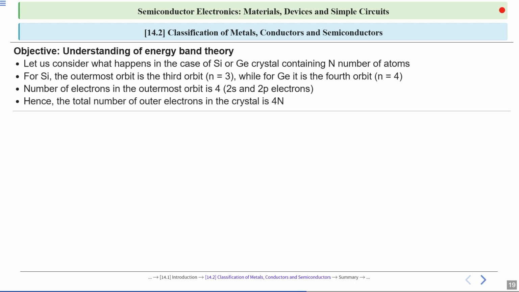In a crystal structure, the total number of outer electrons can be determined by considering the contribution from each atom. For example, if each atom contributes 4 outer electrons and there are n atoms in the crystal, then the total number of outer electrons is 4 multiplied by n, or 4n.